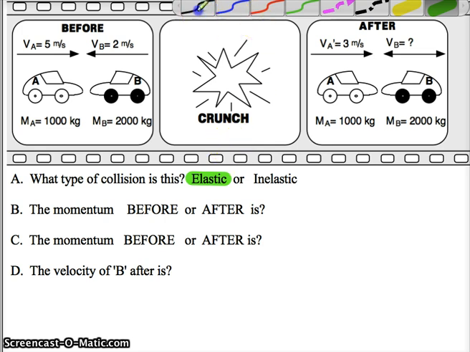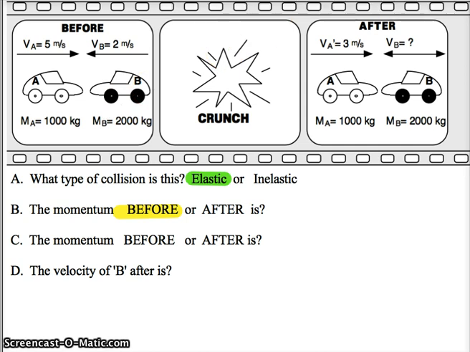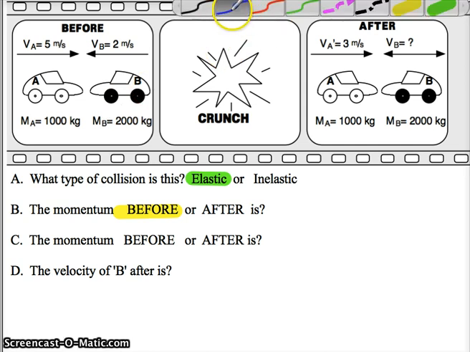Now we're going to find the momentum before or after. You find the momentum based on, do you have all the information in the problem? So we're able in this problem to find the momentum before. Now there are two different objects, so I'm going to find two momentums and add them together.